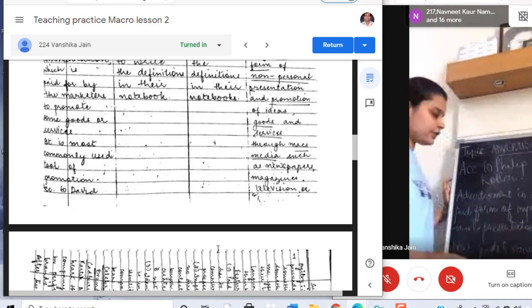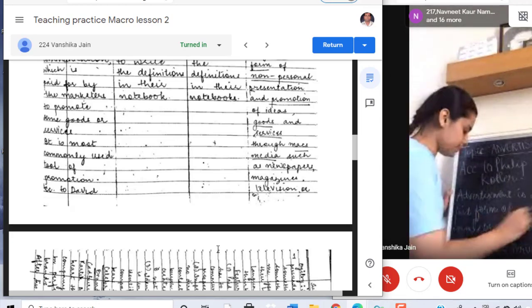Are you all writing? Okay, so in this definition, main keywords are impersonal.